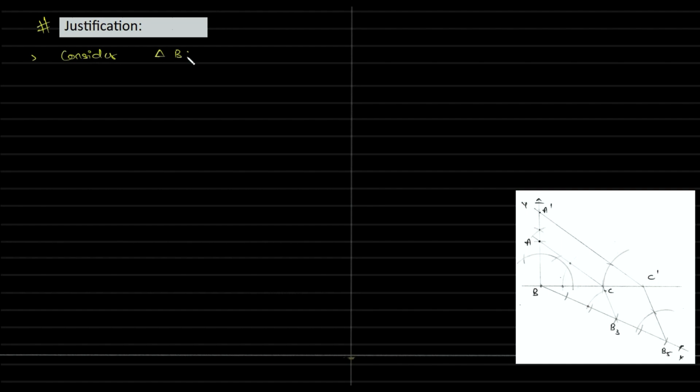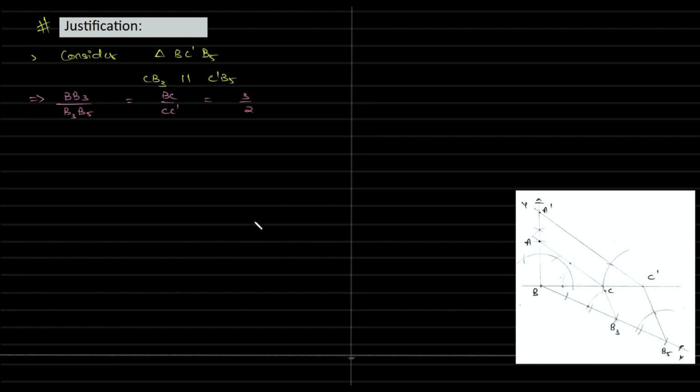So we consider triangle BC dash B5 to help us out. So here we have B3C being parallel to BC dash B5. So this would imply BB3 by B3B5 to be equal to BC by CC dash, which is equal to 3/2.